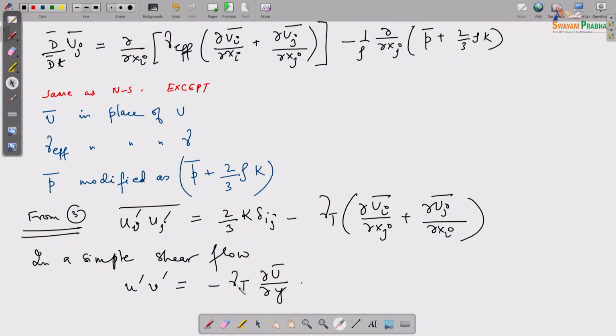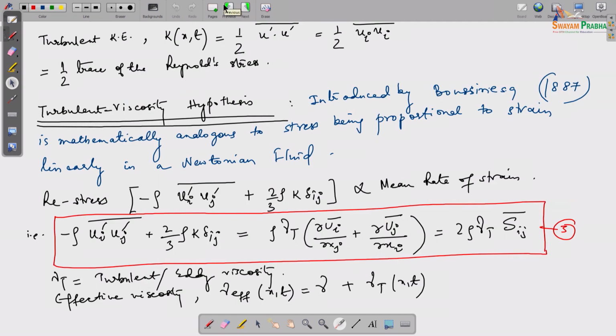This is the turbulent viscosity, and this is the mean velocity. Turbulent viscosity is this, and the effective viscosity is turbulent viscosity plus molecular viscosity.